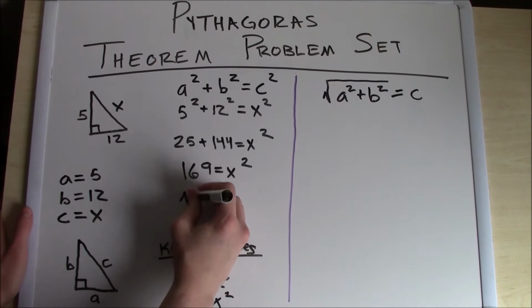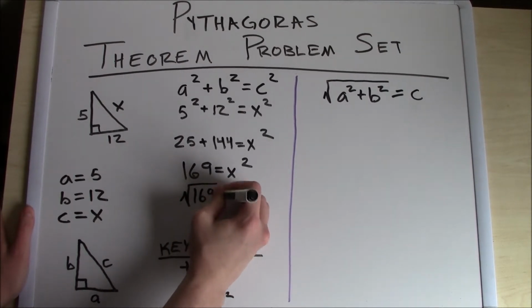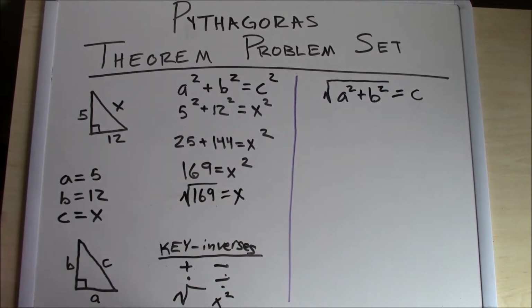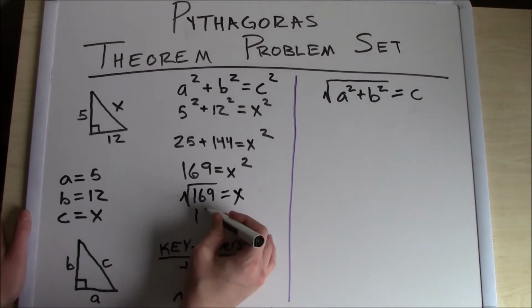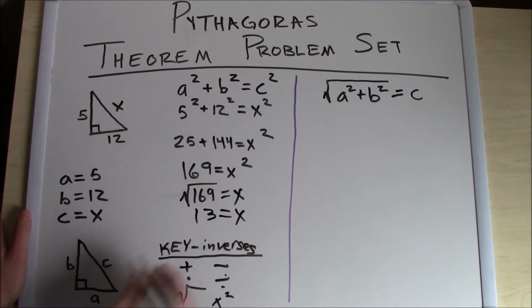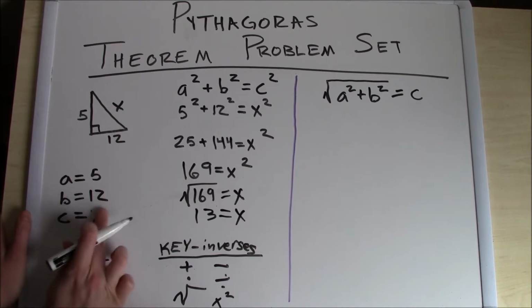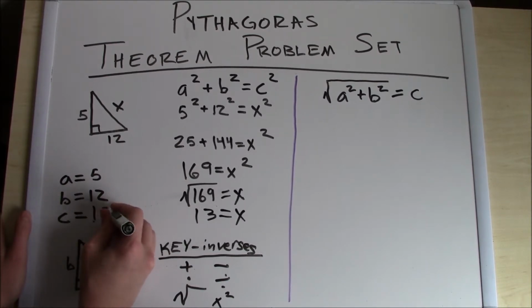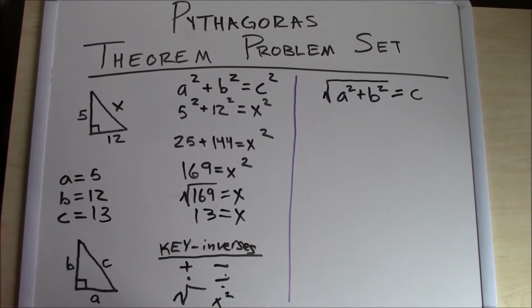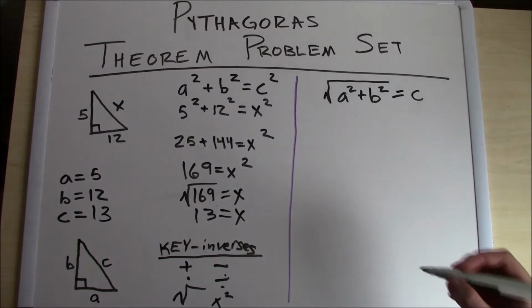So you're going to square root 169 to get x. What's the square root of 169? 13 equals x. So you know here, c is x. We can make this 13. Boom.